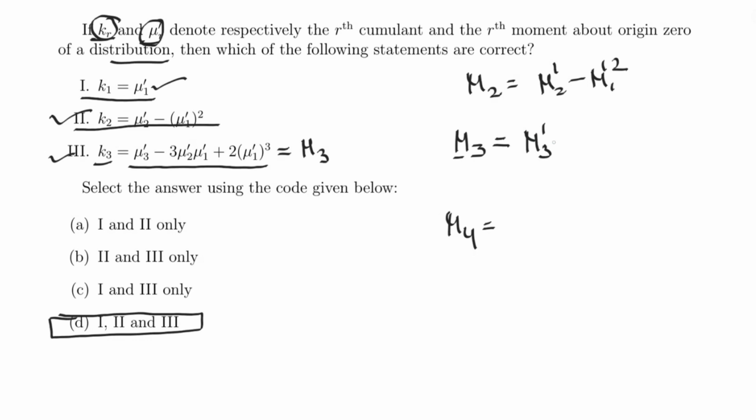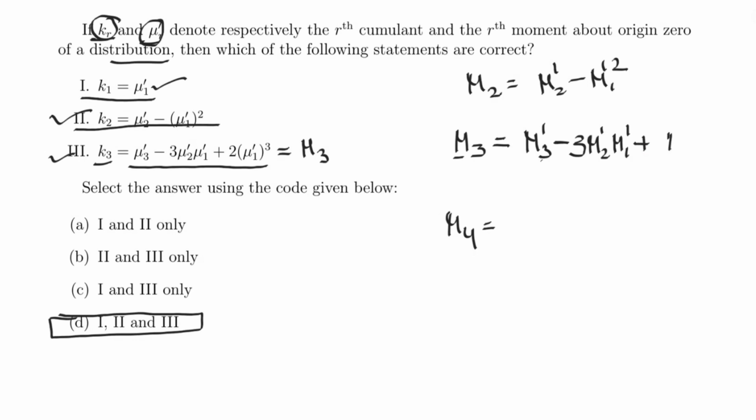The sign is plus, then the sign will be negative. Now here we have 3, so write 3. Now you have to write mu2 dash and mu1 dash. Now there will be 3 terms because we are finding the third central moment. So the signs are plus, minus, and here we get plus. Now the third term will be the last term.